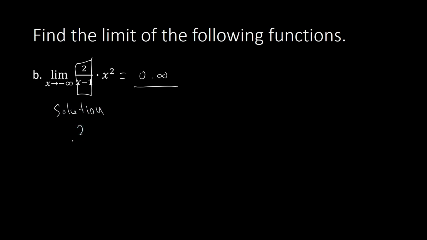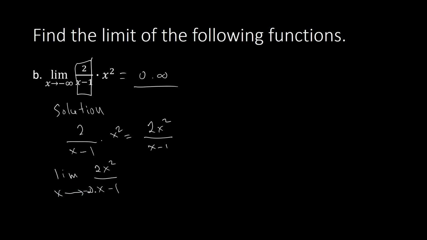What I will do is multiply these 2 functions to produce a rational function. And if we apply our limit theorems on this, it turns out it is also an indeterminate form. 2 times negative infinity squared is just infinity, and negative infinity minus 1 is negative infinity. So this is still an indeterminate form.